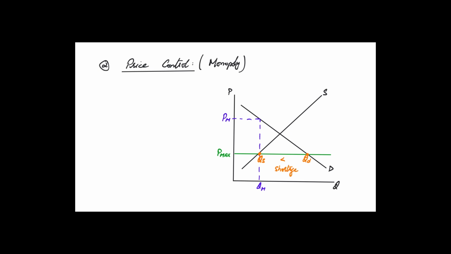And this shortage has two problems. Number one, it can give rise to the black market because consumers are willing and able to pay higher prices. Another issue is that only this quantity, whoever is able to get it will benefit, but all of these people over here are basically not benefiting from it.